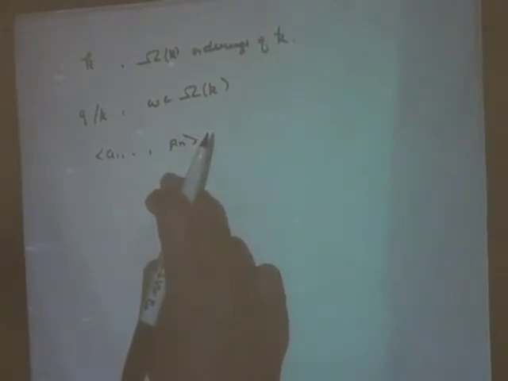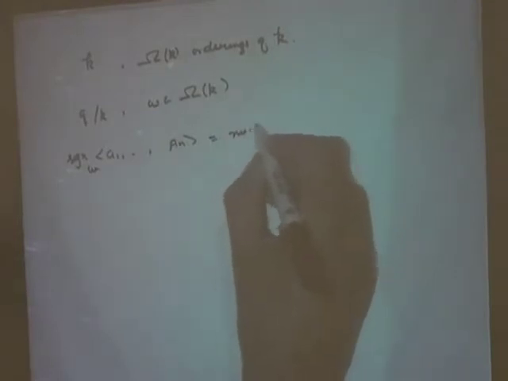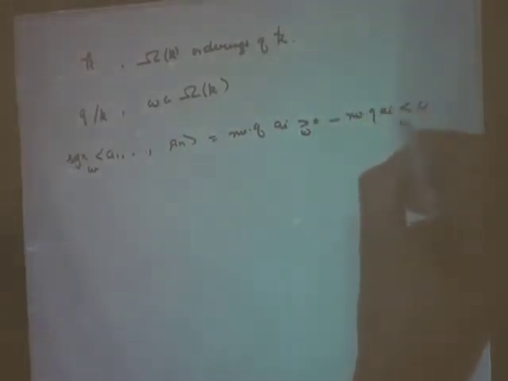So you just look at how many positive elements and how many negative elements there are in the diagonalization, and you can define the signature of Q at this specific ordering omega as the number of ai positive at omega minus the number of ai negative at omega. We define it in the same way we define the usual signature.